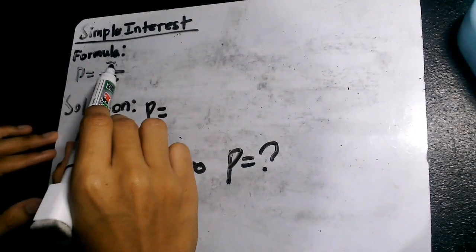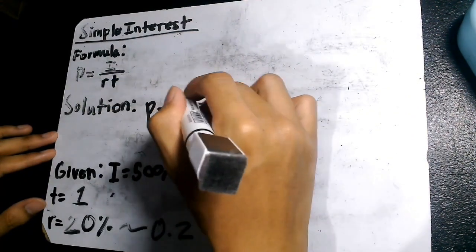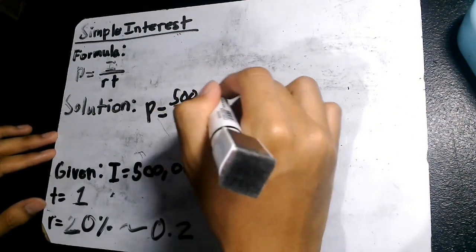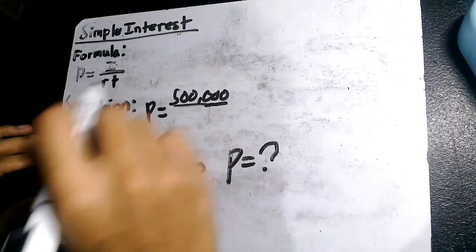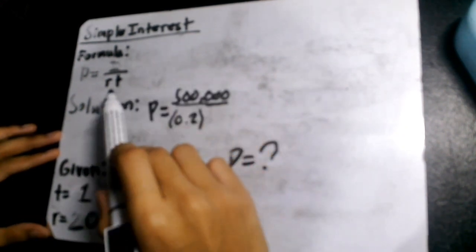P equals I, which is interest, which is 500,000, in the numerator, and R, which is rate, which is 0.2, and T, which is time, which is 1.